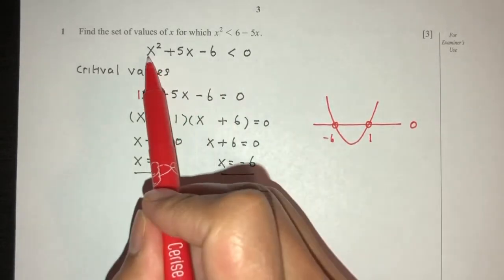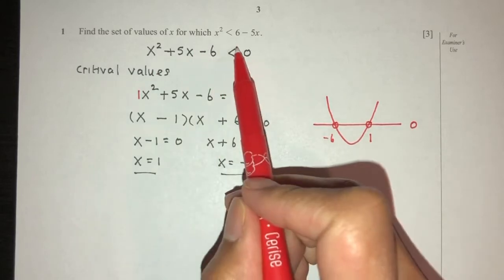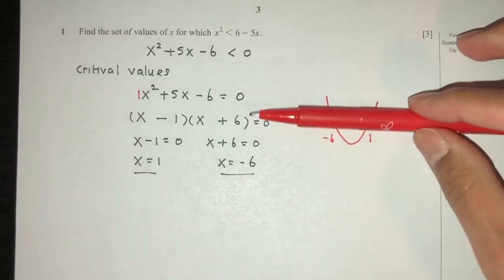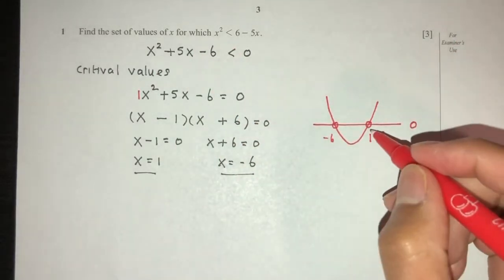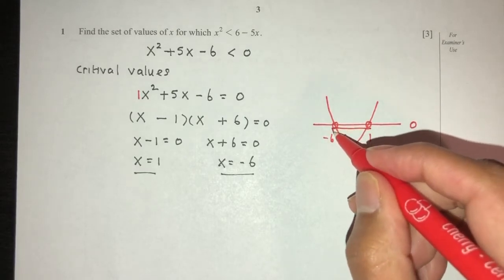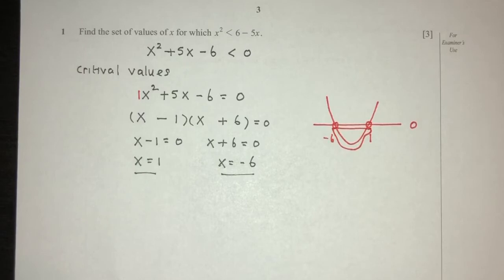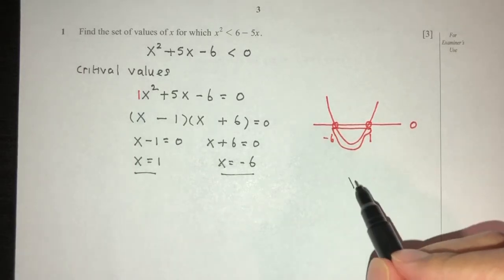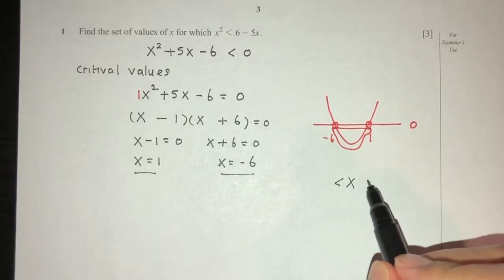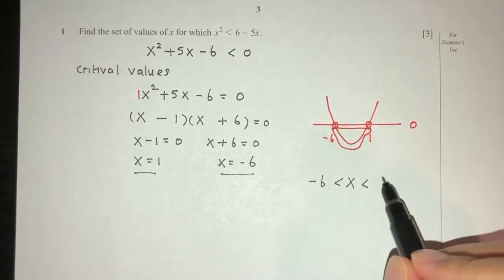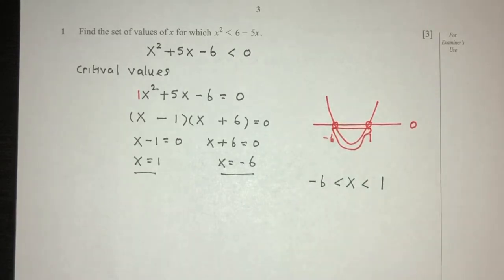Now we want the value of this equation to be less than 0, to be below this line. That is only true when your values of x are between those two values. So your answer will be x is between minus 6 and 1. That is your answer for part 1.